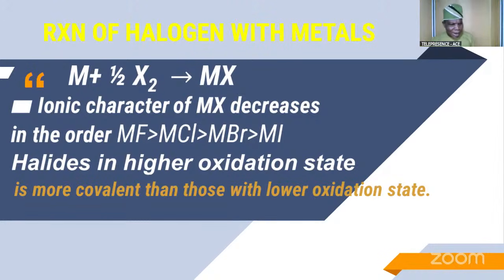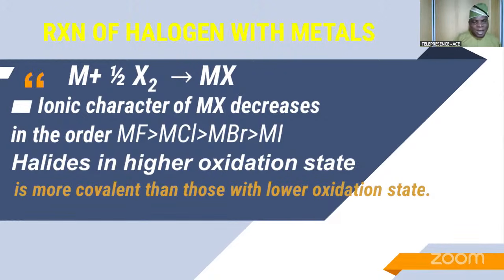So the ionic character of these metal halides decreases in the order of fluoride greater than chloride, chloride greater than bromide, and bromide greater than iodide. So the halides in a higher oxidation state are more covalent than those with a lower oxidation state.